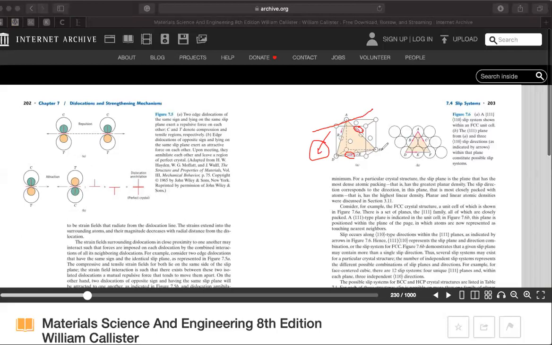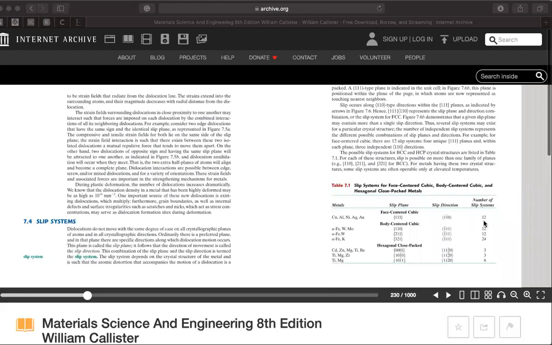If you want to calculate how many unique slip systems there are, the total number of unique ones will be 12 for FCC, and 12, 12, 24 for BCC, and 3, 3, 6 for HCP. Why unique? Because there are other slip systems that are equivalent to each other.